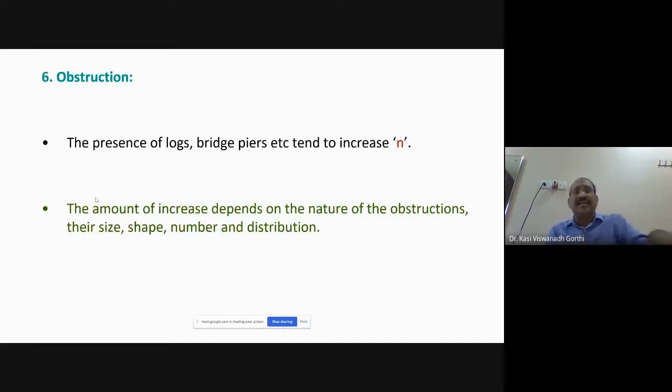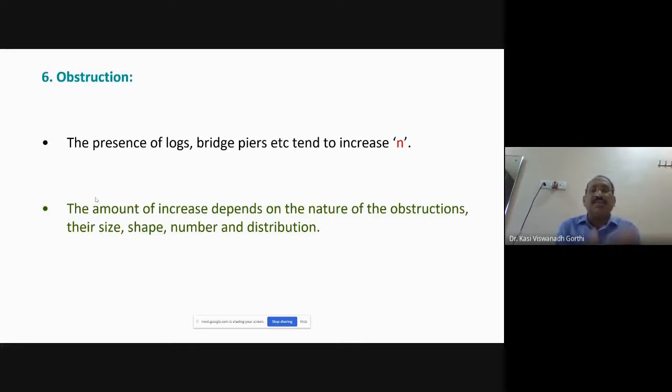Whenever a canal is laid, you must have seen a road bridge constructed across it because the road is crossing the canal. The moment a bridge is constructed, there will be piers and abutments for the bridge. These piers will obstruct the flow of water in the canal.